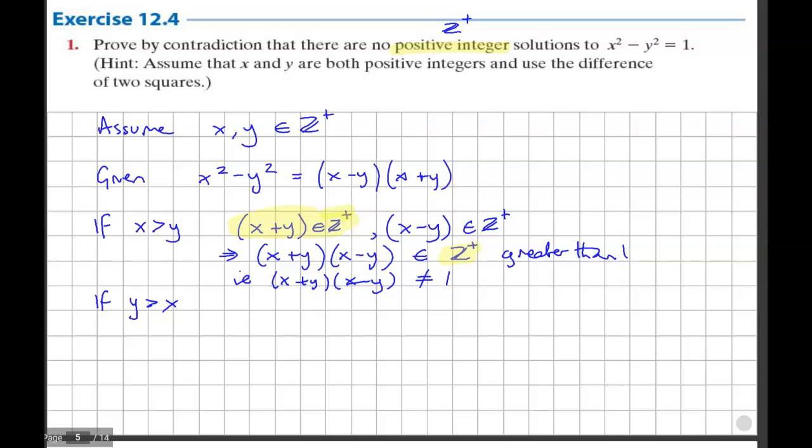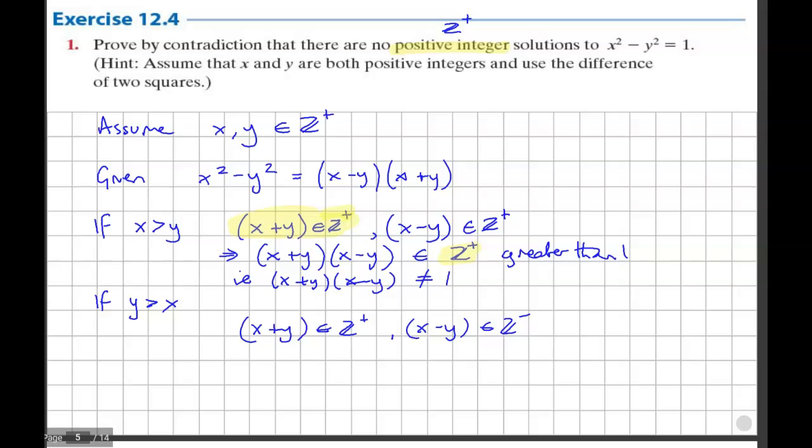We're going to do the same thing when y is greater than x. In this instance, x plus y is again going to be a positive integer, and x minus y is going to be a negative integer.